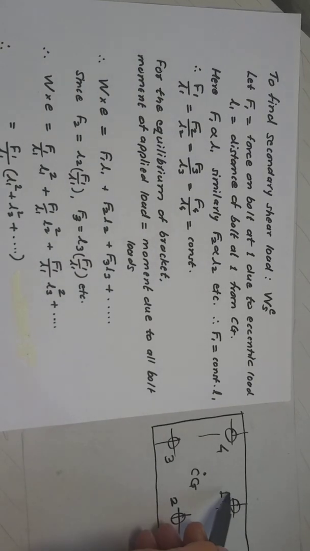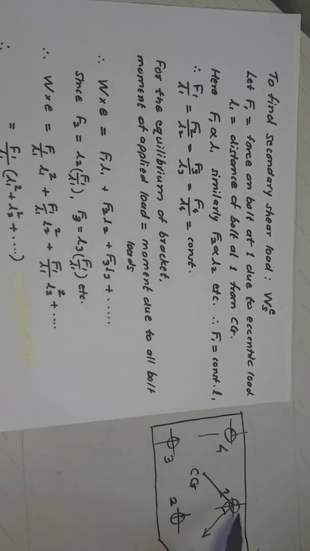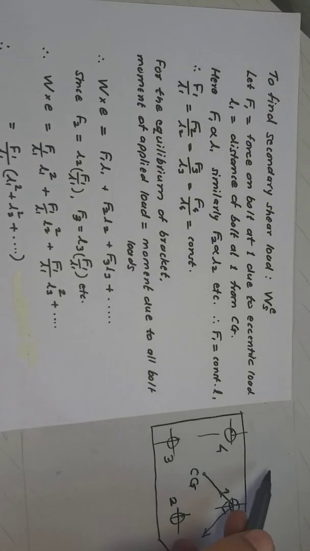Then what happens is, because the bracket is tilted like this, the bolts are going to offer opposite reaction. Or you can say that because the bracket is tilted like this, it is exerting a force on the bolt in this direction. So what is the direction? If I join these two and draw a perpendicular line, then this is the force that is acting on the bolt at 1 because of this tilting action, which of course it is resisting by applying a reverse reaction.